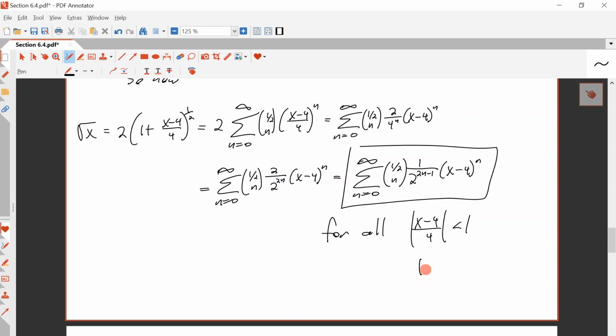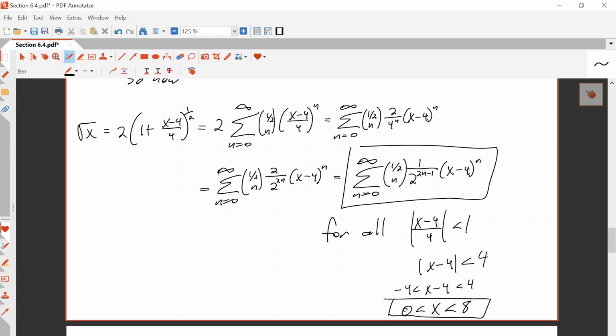In other words, for all x minus 4 less than 4. So what interval does this give you? Well, x minus 4 less than 4 and bigger than minus 4. Right? So it's 0 less than x less than 8. So for all x between 0 and 8.